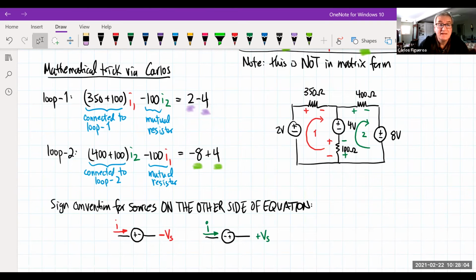So if that's the case here, then what I can do is come in and write mesh analysis here. And I'm going to write it using my trick here. So let's go do this. So it looks something like this here.